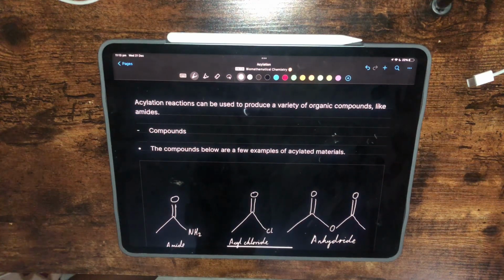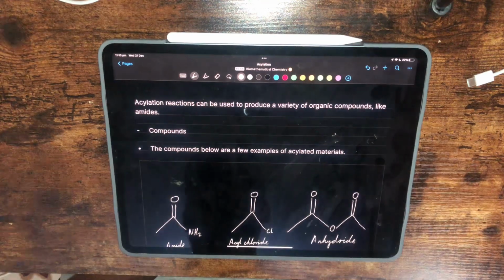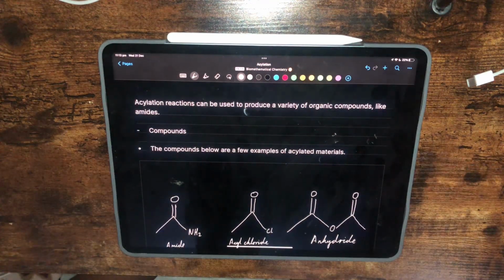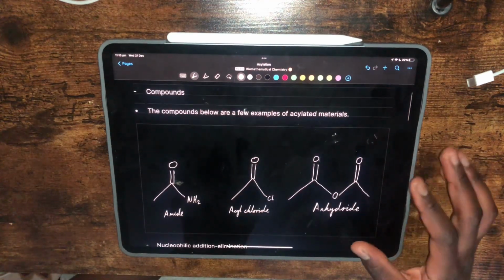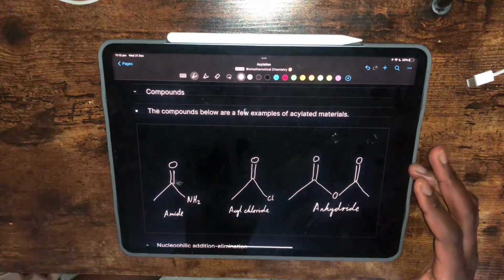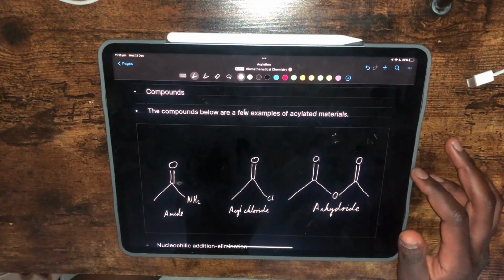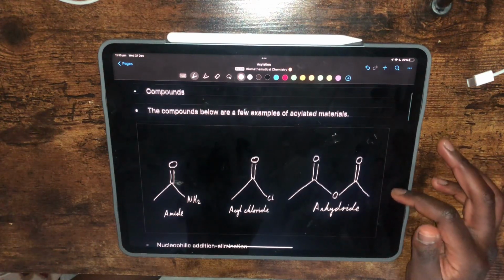So acylation reactions can be used to produce a variety of organic compounds like amides. The compounds below are just a few examples of acylated materials. So I have amides, acyl chlorides, and anhydrides, and these can all be examples of acylated materials.